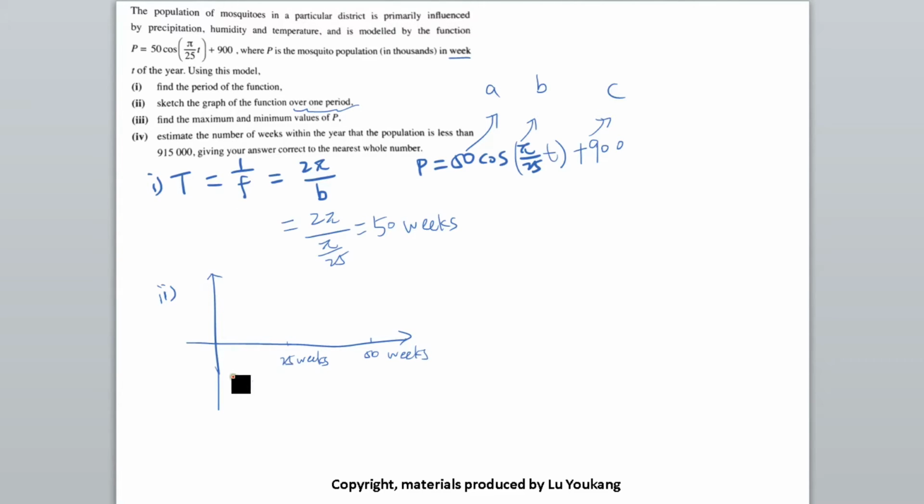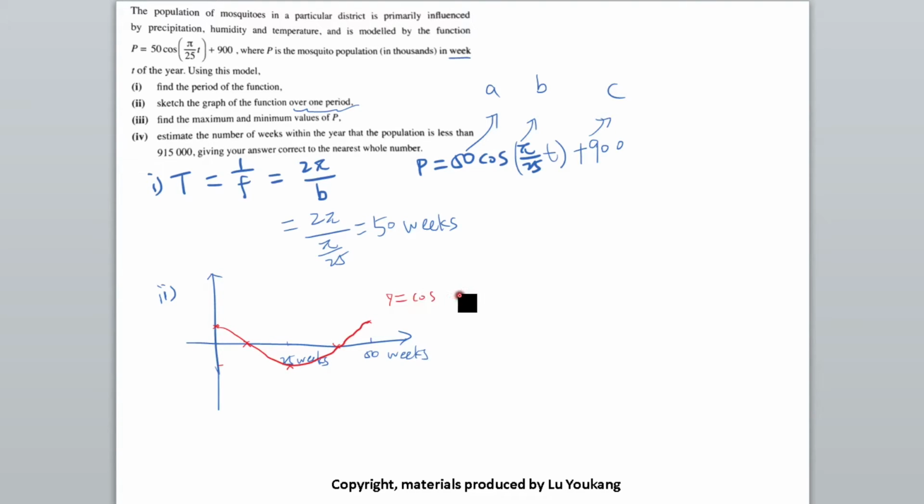And in fact, we don't have to rush to label our y-axis first. What we need to do is label the points for our basic cosine graph. As you can see, I always start with my basic cosine graph and adjust accordingly later on.